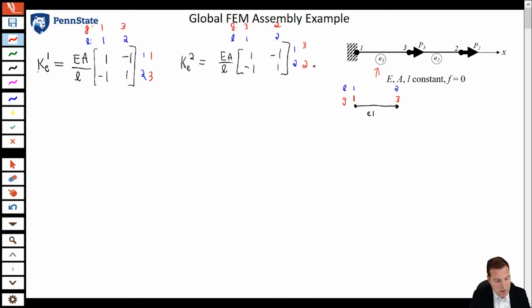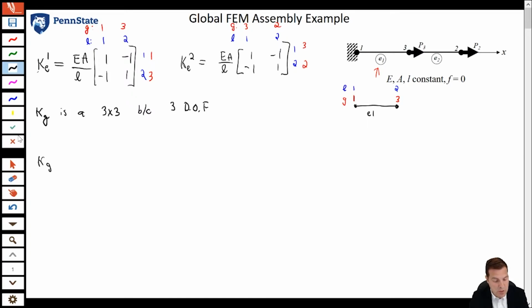Now let's write our Kg, our global stiffness. So what is the size of Kg? Remember, it's degree of freedom by degree of freedom, or nodes by nodes in 1D. So Kg is a 3 by 3 because there are 3 degrees of freedom. So we can write that down here.